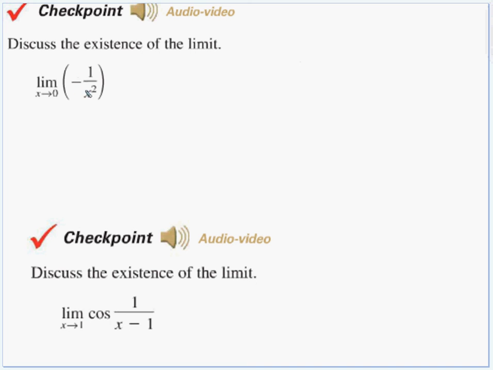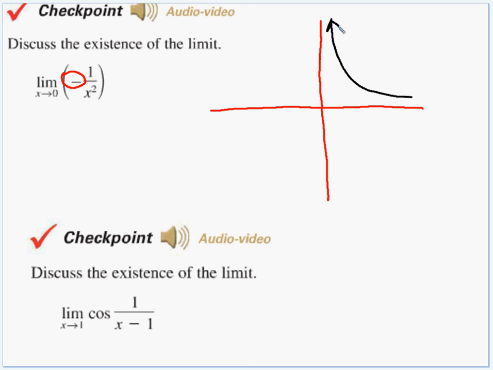Okay, this first one here is very similar to the one we did in the example. The only difference here is this minus sign. So let's think about what that's going to do. When we did not have the minus sign in that earlier example, we had sort of this volcano-looking graph. Because we did not have the minus sign there, our function entirely existed on the positive portion of the y-axis.